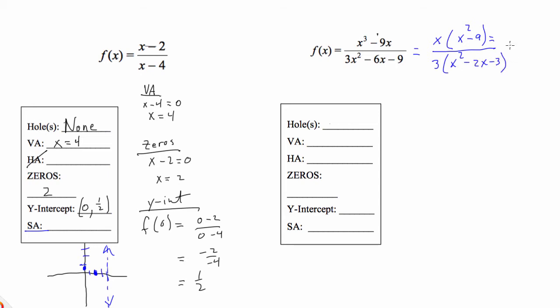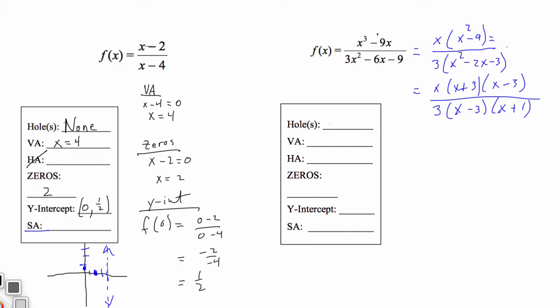So we have x times x plus 3 times x minus 3. And on the bottom we have a 3, and you can't forget all this stuff, and we have an x minus 3 and an x plus 1. Okay, I think this is a plus.